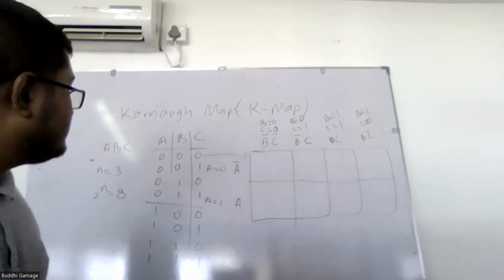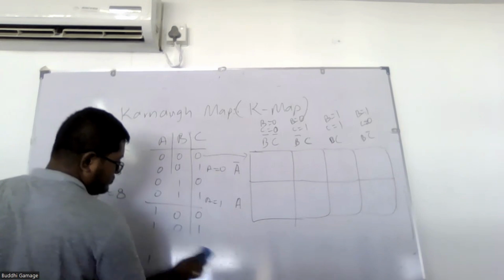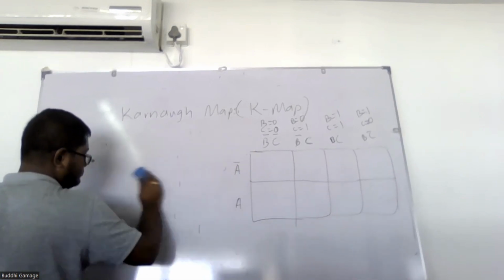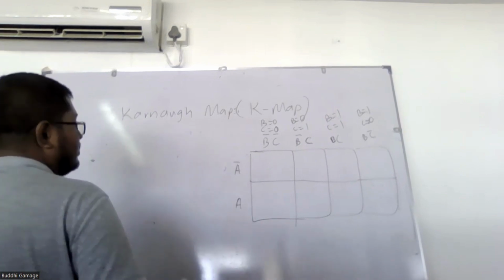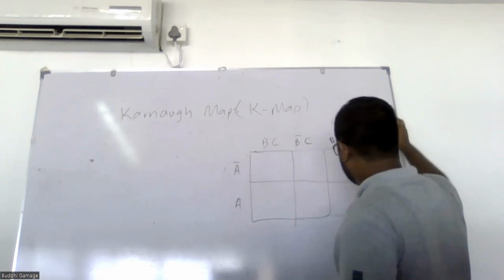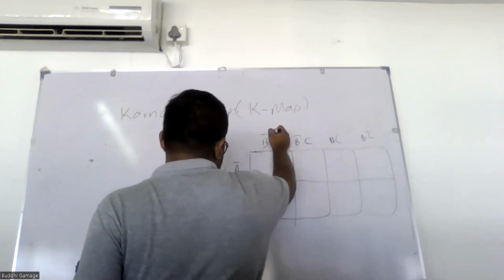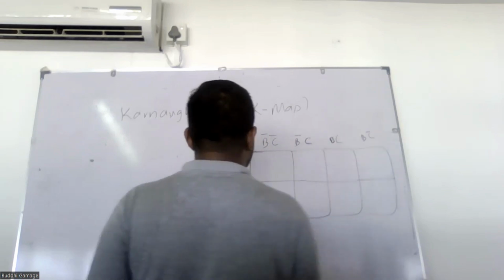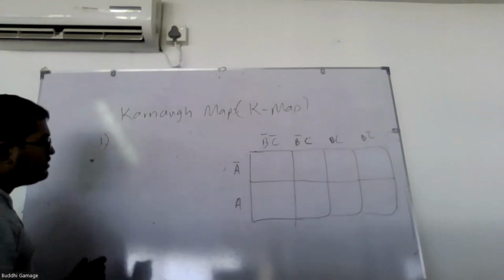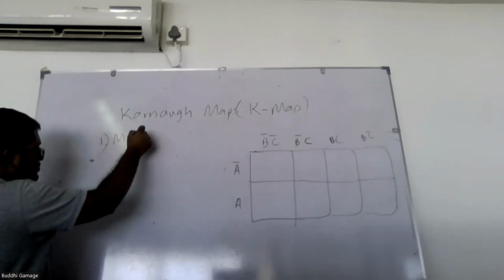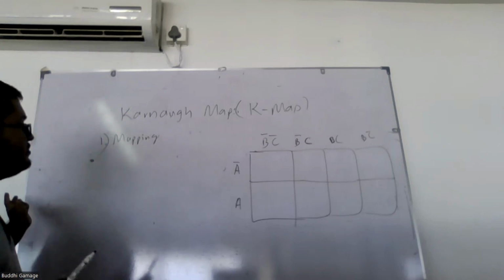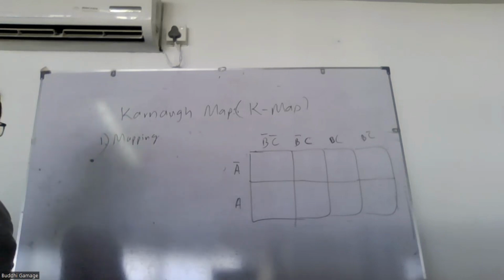And there are three concepts when you need to derive an answer from K-maps. The first one is mapping, which means you need to map the truth table to this map.